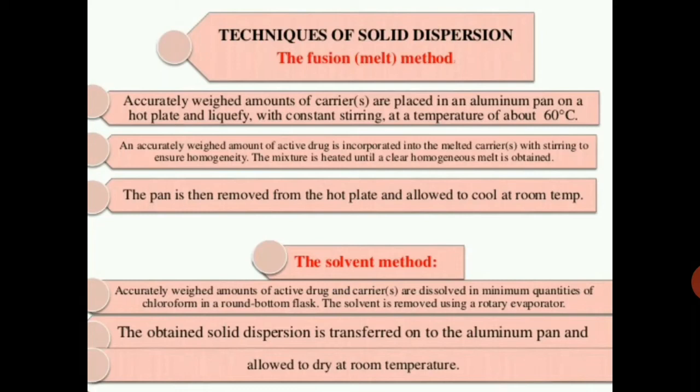There are many techniques, like the fusion method or melt method. Accurately weighed amounts of carriers are placed in an aluminium pan on a hot plate and liquefied with constant stirring at a temperature of about 60 degrees. An accurately weighed amount of active drug is incorporated into the melted carriers with stirring to ensure homogeneity.